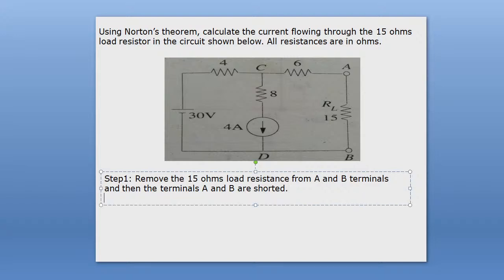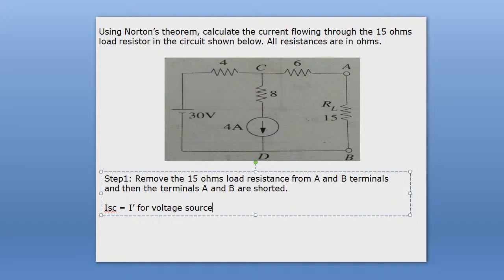Okay, next you calculate short circuit current I dash for 30 volt voltage source, for voltage source only, plus I for current source.